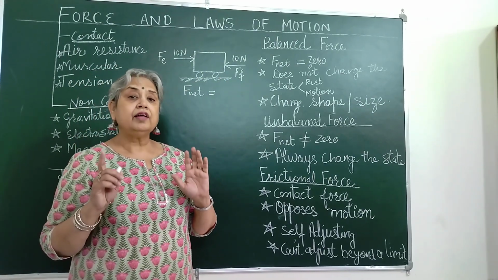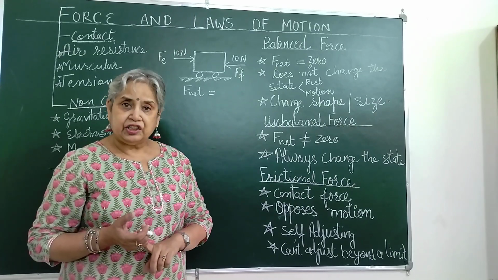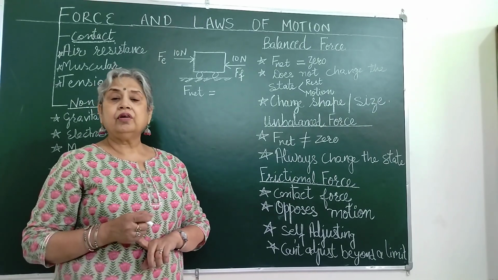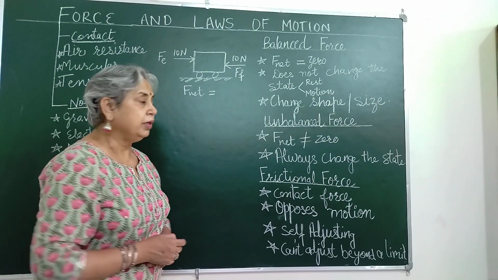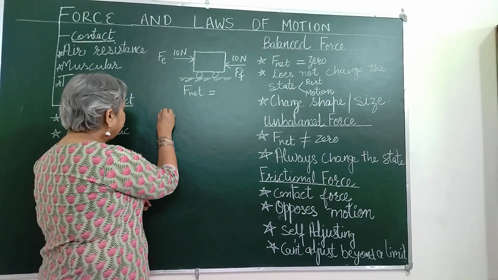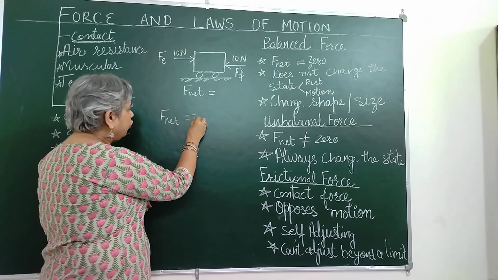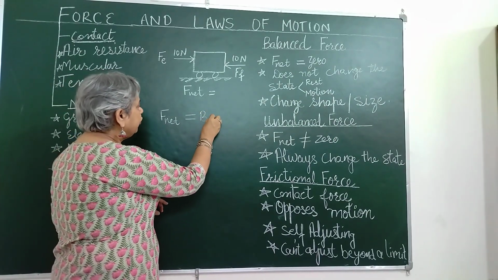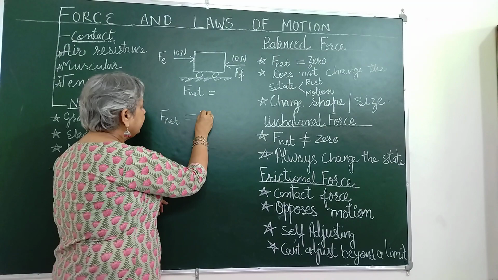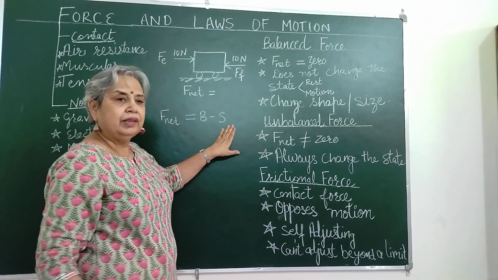Now how to find the resultant? By addition. But forces can be added by vector sum, which is beyond the scope of your syllabus. So here I will tell you to find F net, or the resultant force, you just take the bigger force and subtract the smaller force from it.